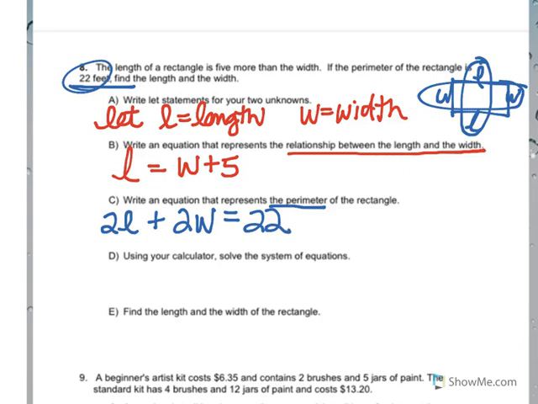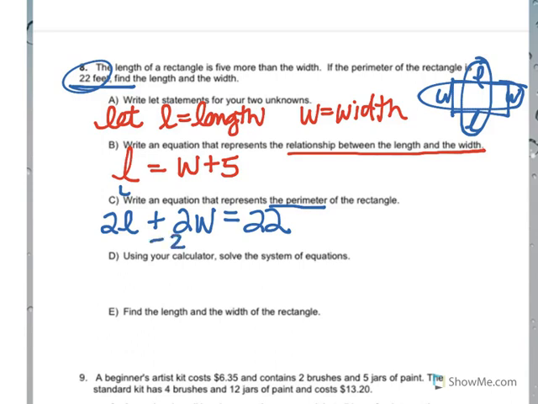Okay, now let's use substitution. Well, it actually says to use our calculator to solve the system. We could use our calculator or we could do substitution. I don't think it really matters. But I'm going to do it both ways. How about? First of all, since this one says L equals, we want the second one to be L equals if we're going to use our calculator.